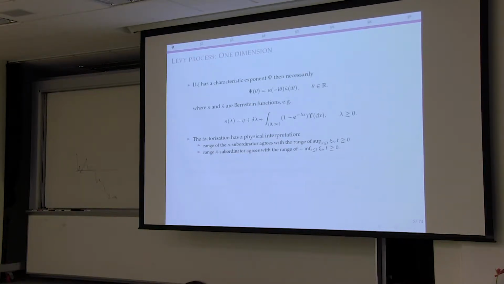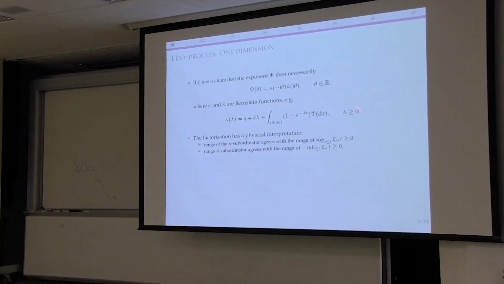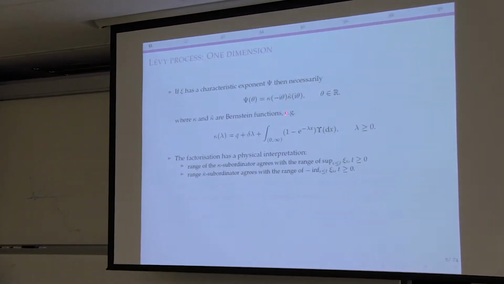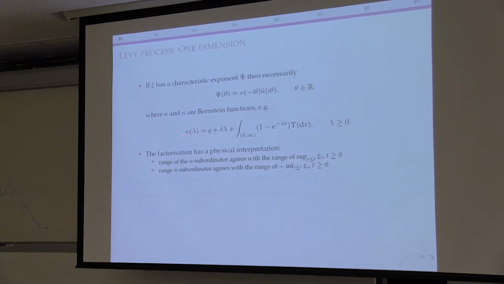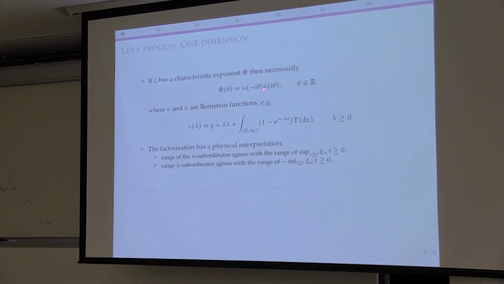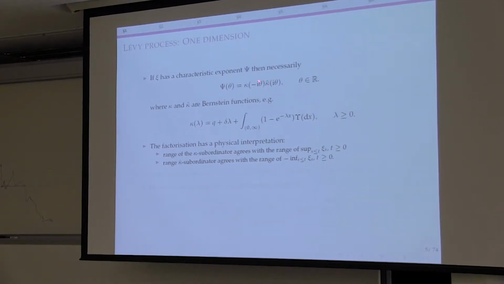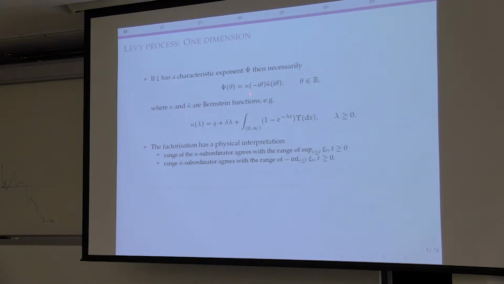Now, this minus i theta and plus i theta, these are the analytic extension of these. So these are Laplace objects, Laplace exponents, but this is saying that these things can be analytically extended, and you take the analytic extension on the lower imaginary axis, on the upper imaginary axis.